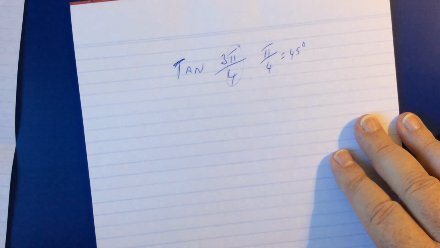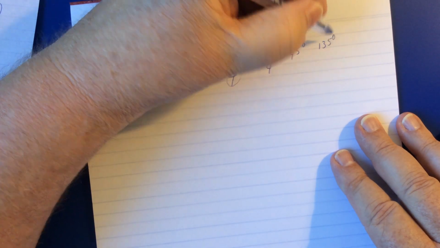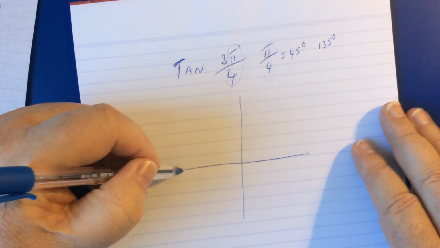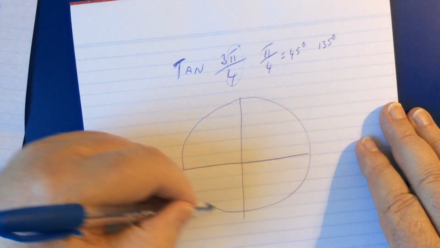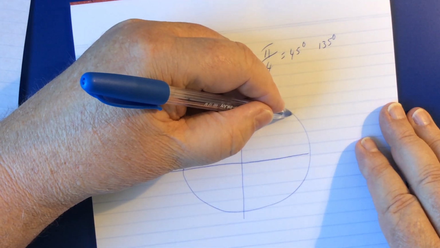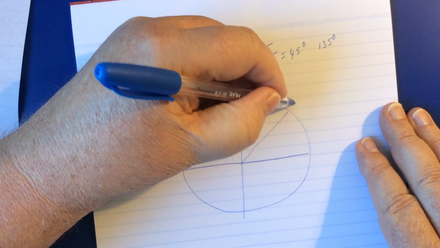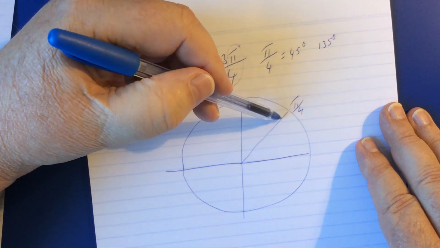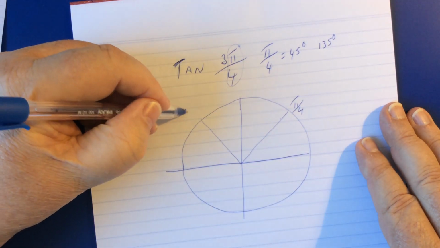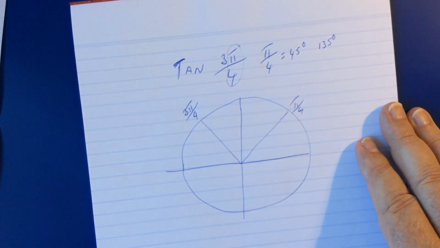Pi on 4 is equal to 45 degrees, if you want to think of this in degrees, and 3 of these will make 135 degrees. So if we're drawing a unit circle, or in my case probably a unit ellipse, pi on 4 would be here, and 3 of these, 1, 2, 3, would place 3 pi on 4 here.